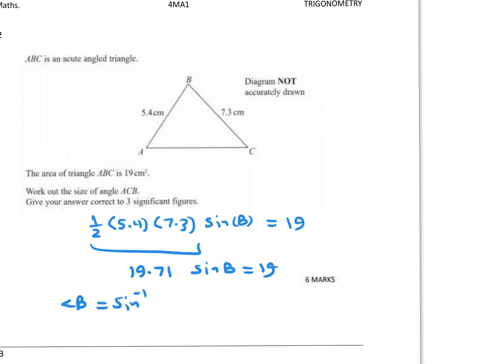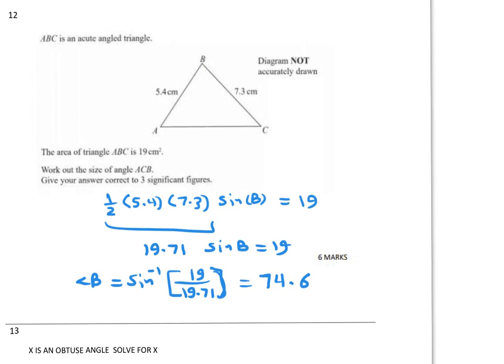Sine inverse of 19 over 19.71. So the answer is angle 74.6 to 1 decimal place. This is angle B, but we need angle ACB, we need angle C. To find angle C we can use the sine rule, but the problem is 5.4 over sine C equals AC over sine 74, and we don't have AC.